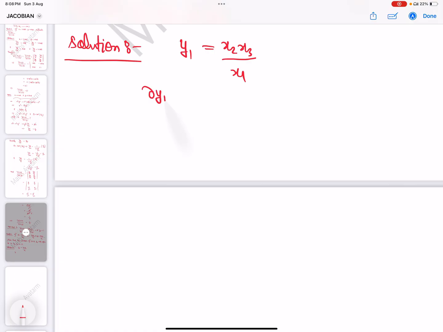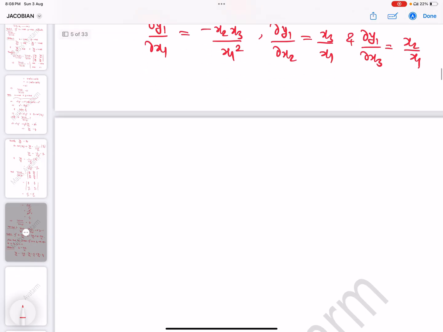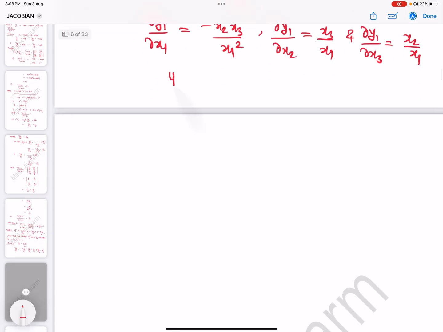So del y1 upon del x1 is minus x2 x3 upon x1 square. Del y1 upon del x2 is equal to x3 upon x1. Del y1 upon del x3 is equal to x2 upon x1. Now y2 is x3 x1 upon x2.